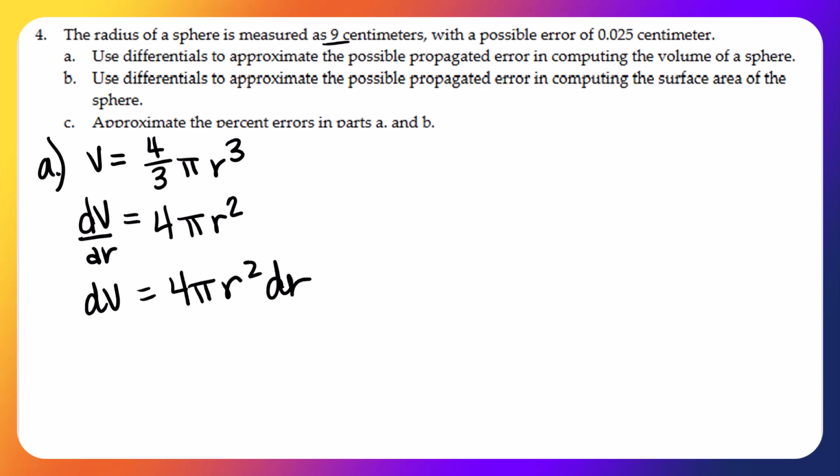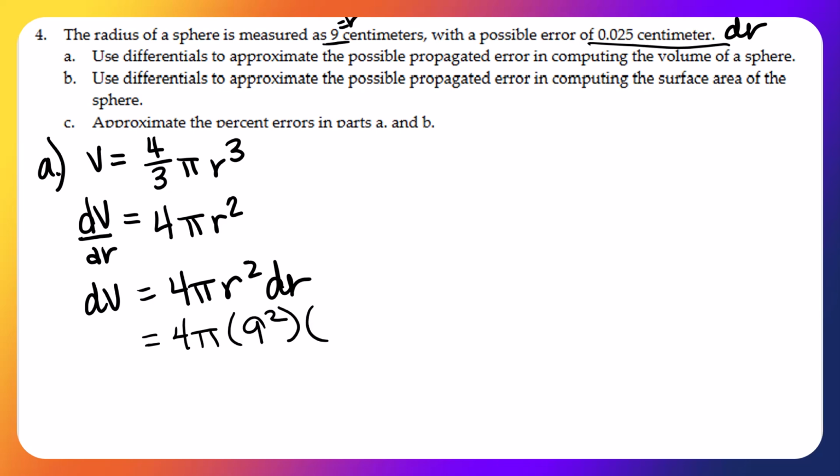So remember, they're telling us r is 9. And then that 0.025 is essentially our dr. So plugging those in, we would have 4 times pi times 9 squared.